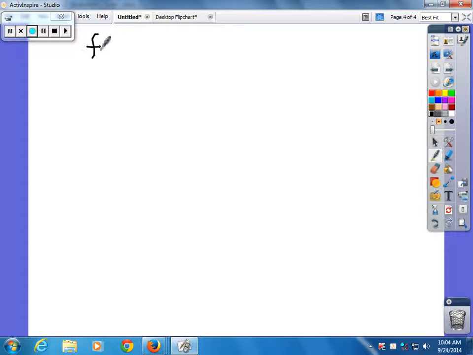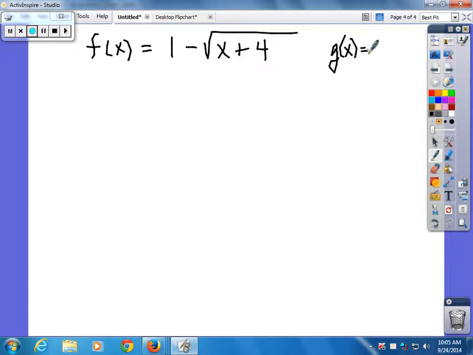F of x is equal to 1 minus the square root of what? Is it square root or cube root? Okay, so that's correct. And g of x is equal to what? X cubed minus 4.